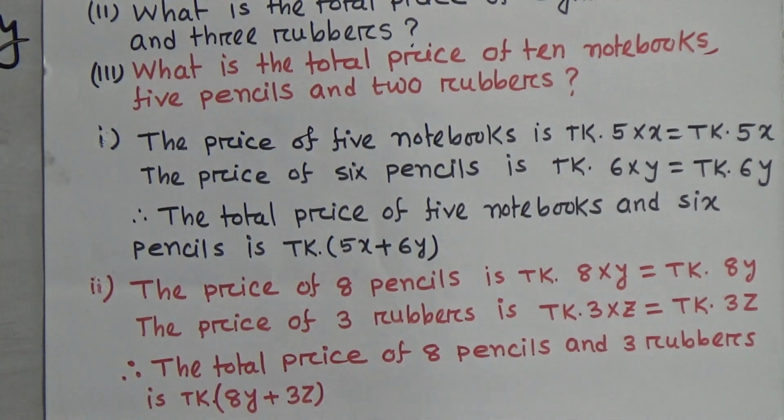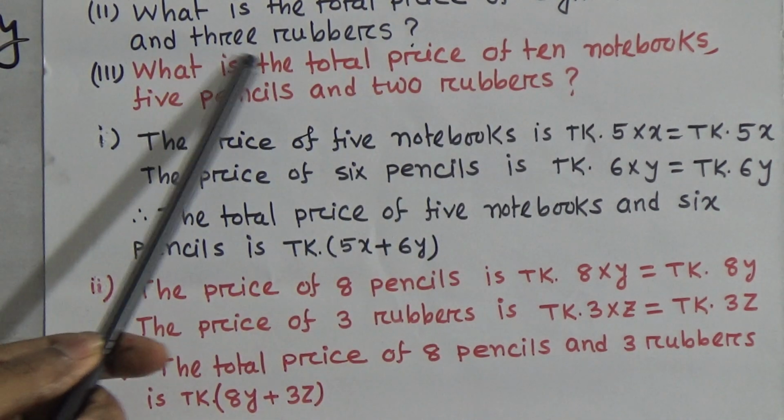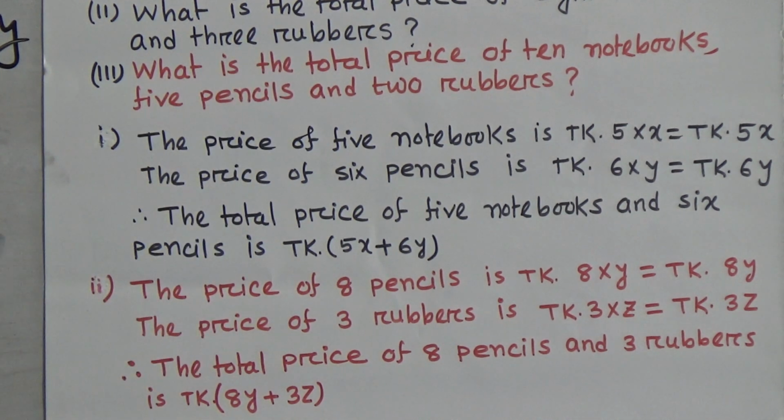Now see question number 2. What is the total price of 8 pencils and 3 rubbers? Similarly, we know the price of 8 pencils is taka what? 8 into Y. That means the price of 1 pencil is Y taka. Therefore, the price of 8 pencils is 8 into Y. That means taka 8Y.